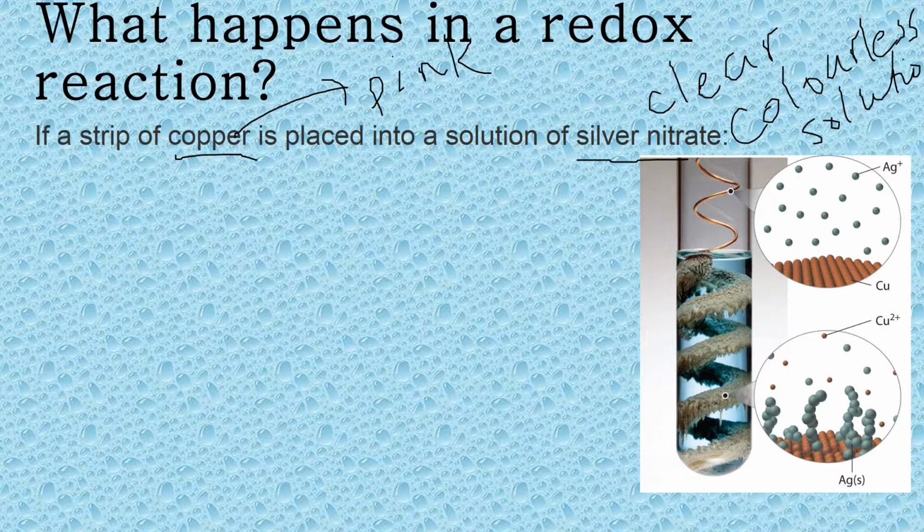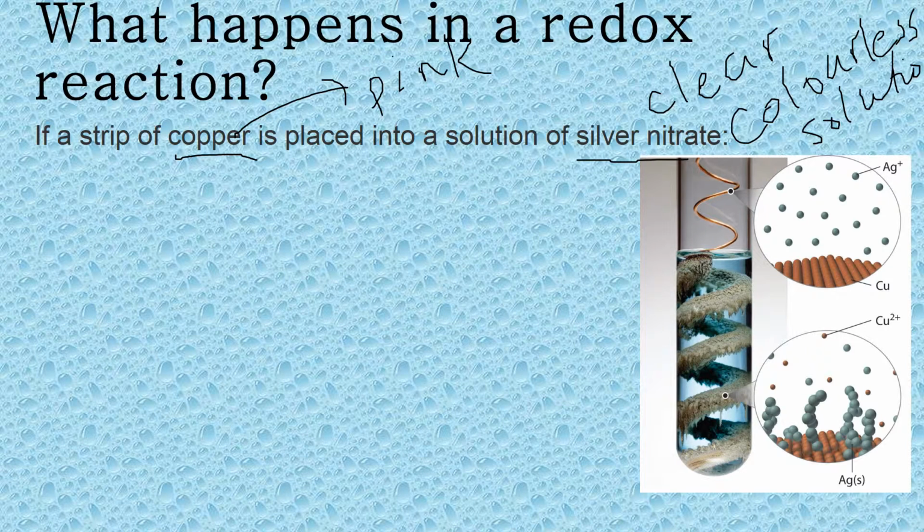So you have a pink metal that's being placed in a clear colorless solution. Then what is this blue stuff that you're seeing here, and what's all this ugly gunky stuff that's growing on top of this pink metal? Can you explain that? This is again something you've done last year, it's not something new.